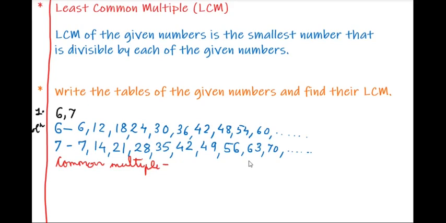If you see directly, 42 we are getting common. Yes? So we can underline this and we can write here 42. Therefore, LCM of 6 and 7 is 42. So this is the method which we used last year to find out the LCM of the given numbers.